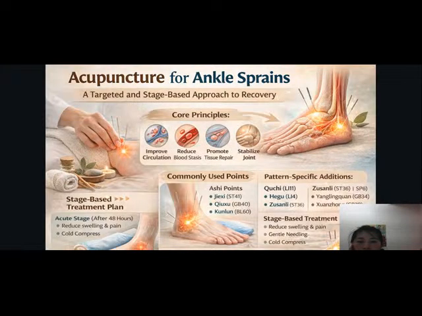The things we have to avoid include weight bearing, running, jumping, or prolonged walking. Try to wear supportive or anti-slip shoes, and even consider ankle braces to prevent re-injury.